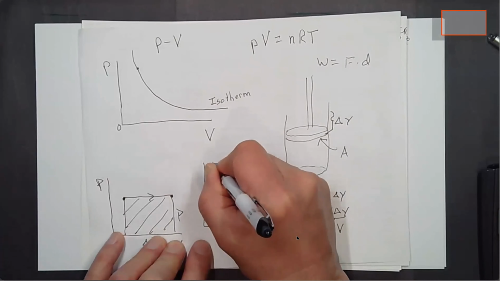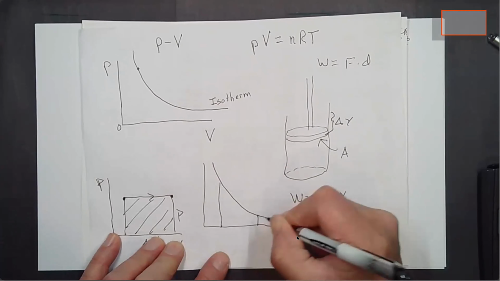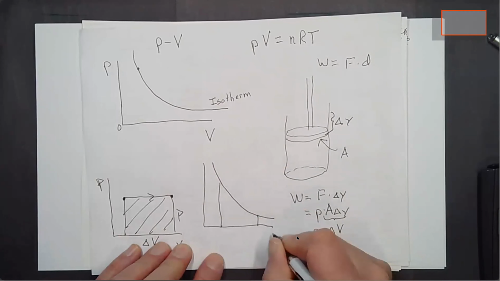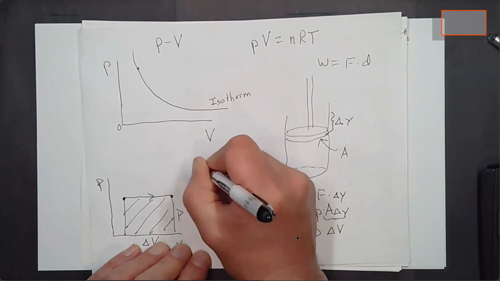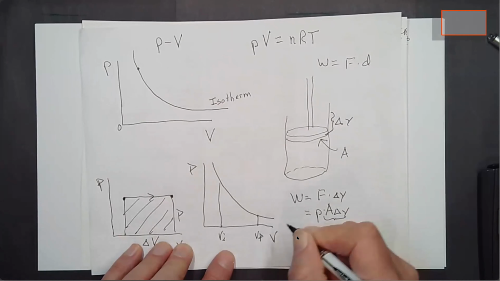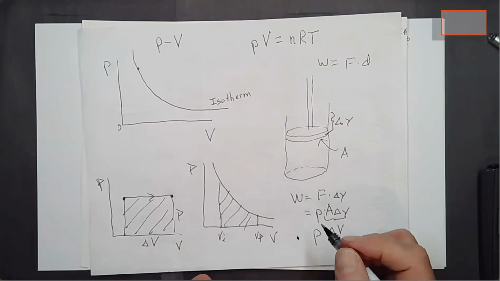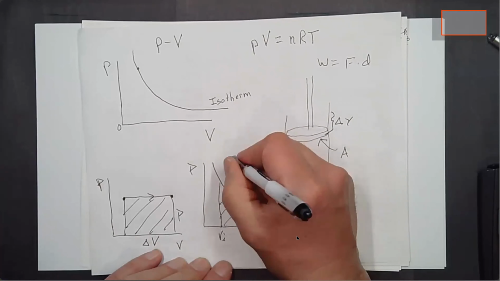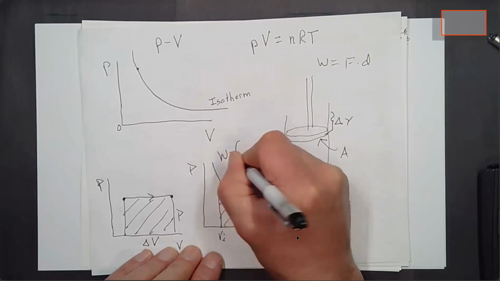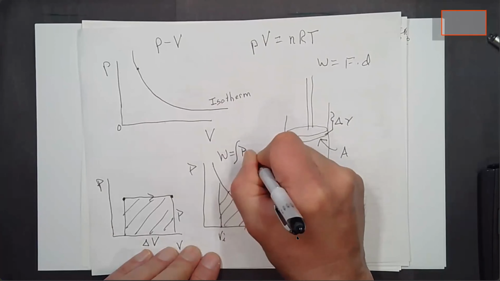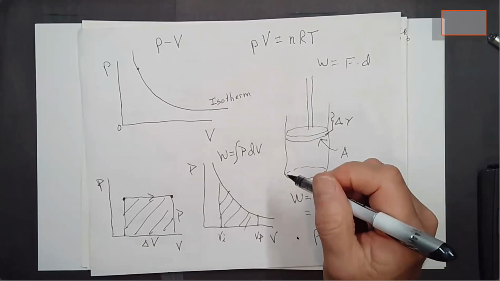For instance, if you're coming down an isotherm like this, and here's your initial volume, and here's your final volume, and again, this is a PV diagram. Well, you'd have to calculate the area under here. That's not going to be so easy, but what you do is you do the integral. The work is going to equal the integral of the pressure times dV as you're moving along whatever sort of curve you happen to have.